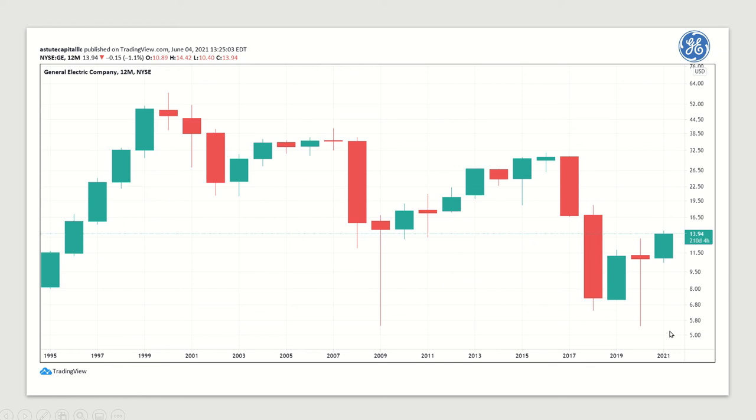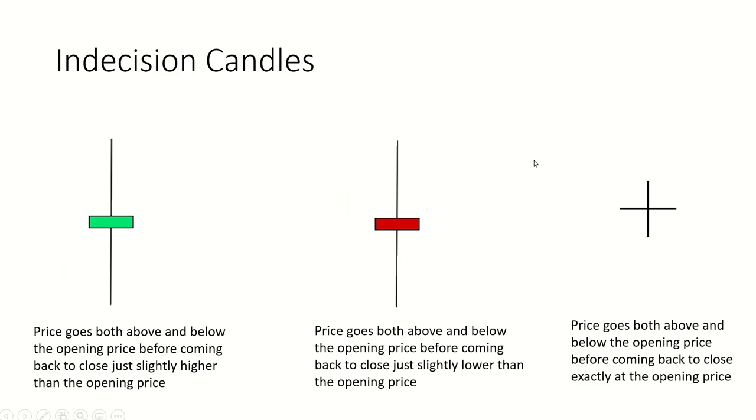About 580, but then it managed to close above basically $13. So it dipped all the way down to 6 and then increased 100% to get back to above 13 to close out this candle. So that's pretty bullish, even though it's green, or excuse me, even though it's red. And you can see there was actually follow through after that.